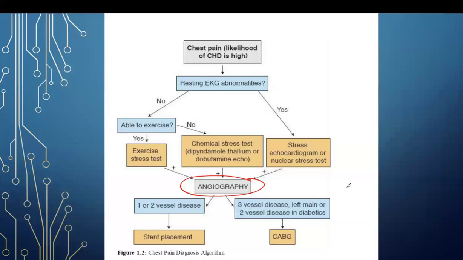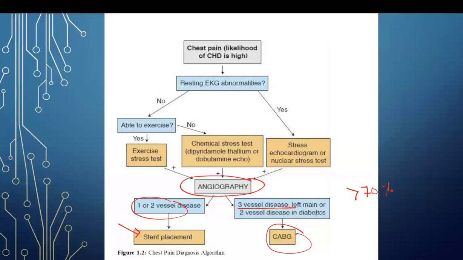So any artery which has more than 70% stenosis, that is significant block. Okay, so if it is only one or two vessels having 70% block, then we go for stent. If it is three vessel, so all the three main vessels have more than 70% blocked, we go for CABG or the bypass surgery.